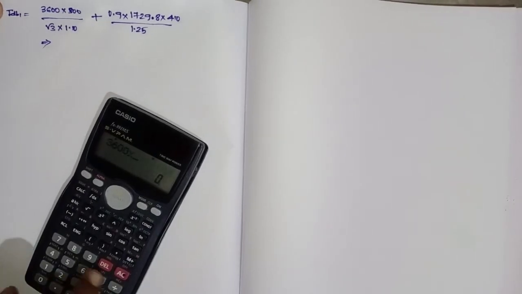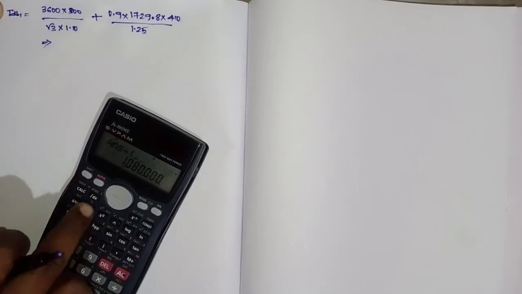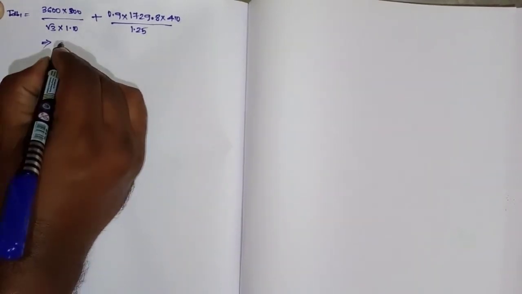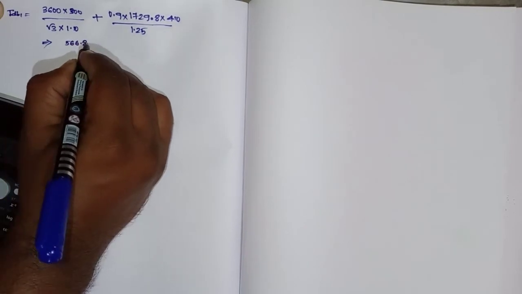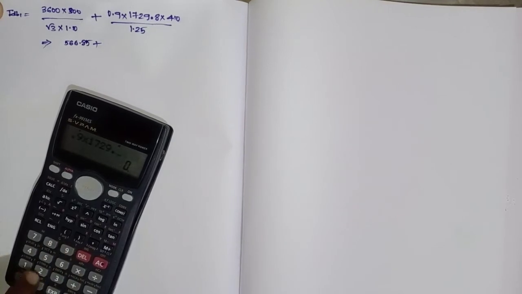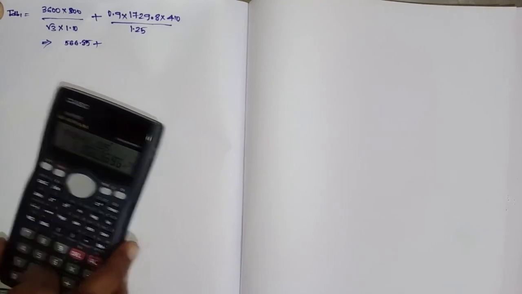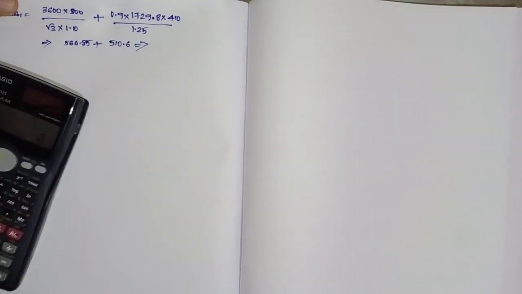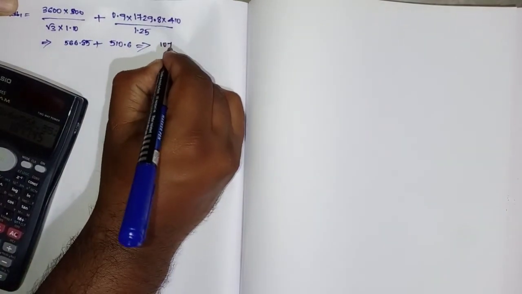So 3600 into 300 divided by root 3, so this is 566.85 plus 0.9 into, this is 510, so 1077.45 kilonewtons.